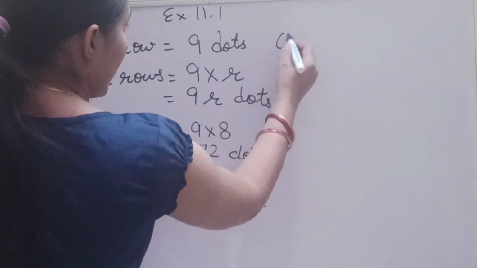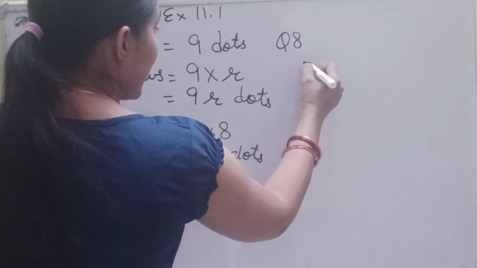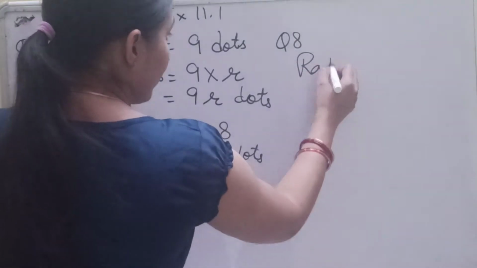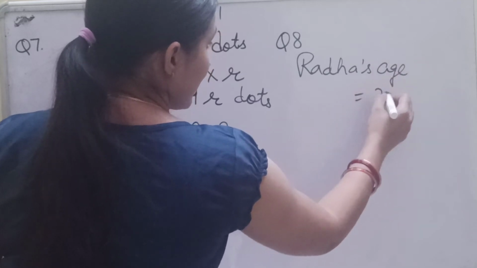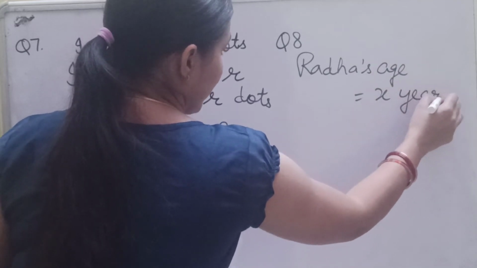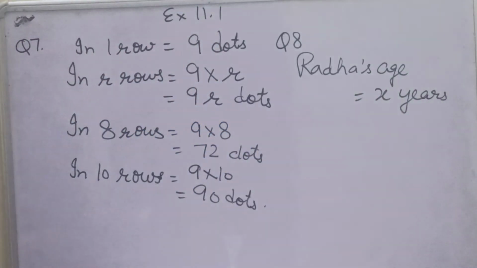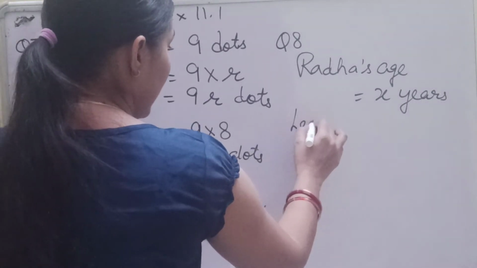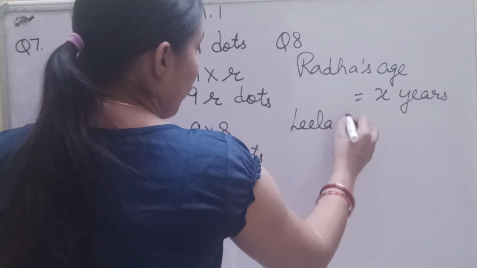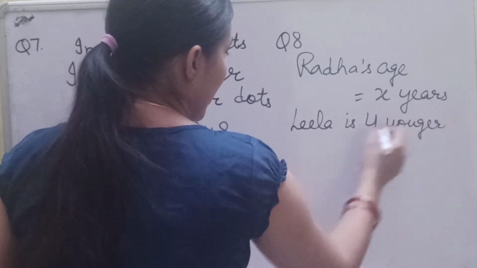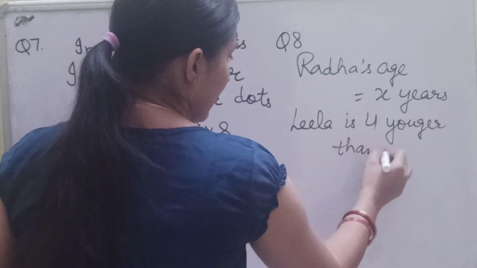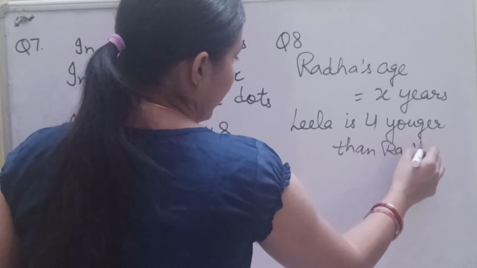So, what we have in our question number 8? He is saying, let Radha's age be x years. Then Leela is younger by how many years? 4 years. So Leela is 4 years younger than Radha.